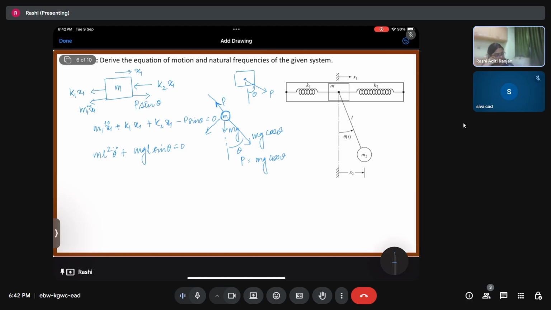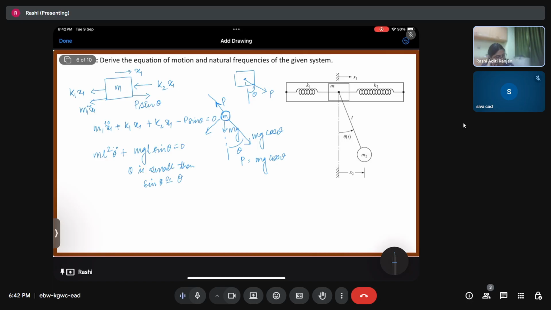Now if we consider that theta is small, then sine theta is nearly equal to theta, and cos theta is 1.